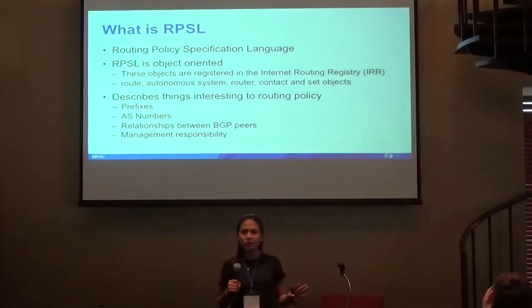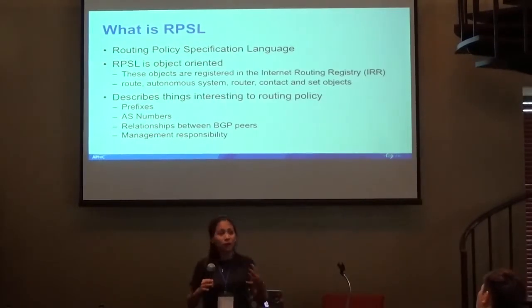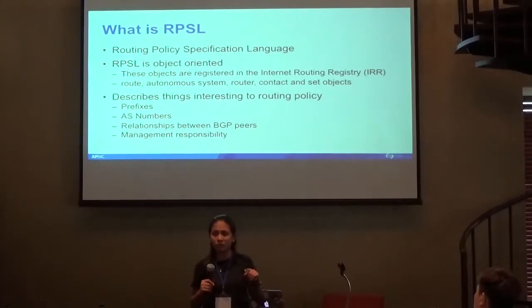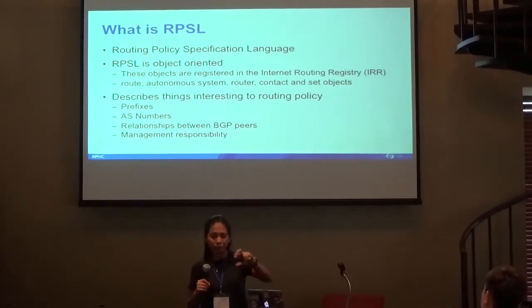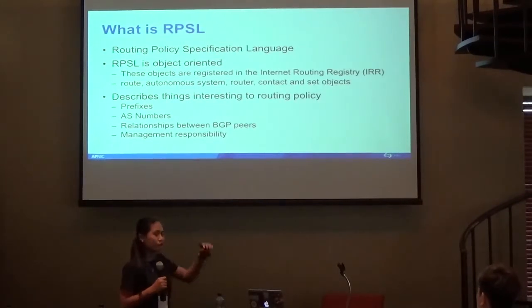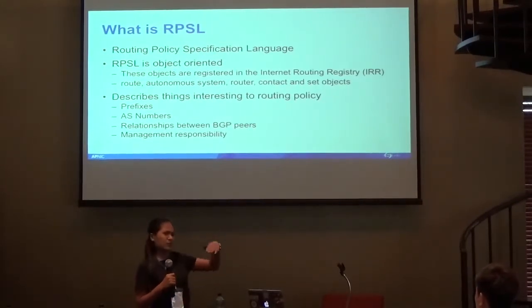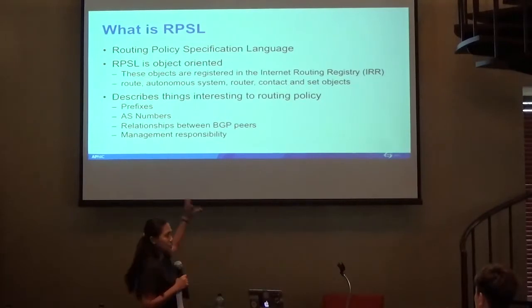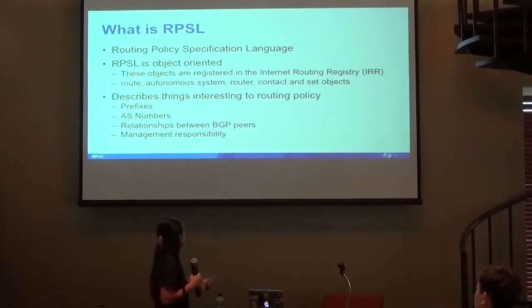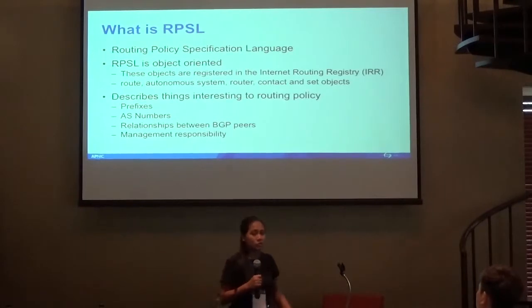Those are parts and components of Internet Routing Registry, and you make them using RPSL. You have fields there that is basically what RPSL would look like. It describes things like prefixes, AS numbers, different BGP peers, and the management responsibility.